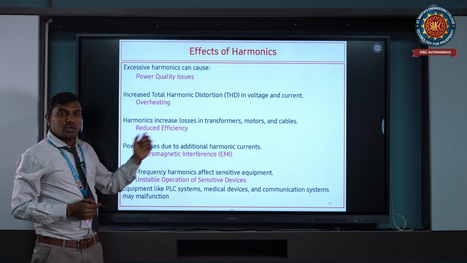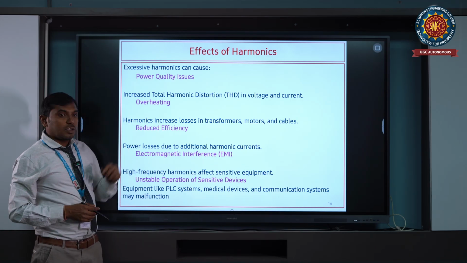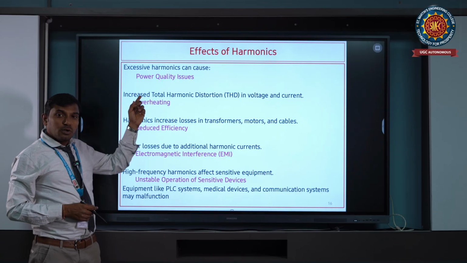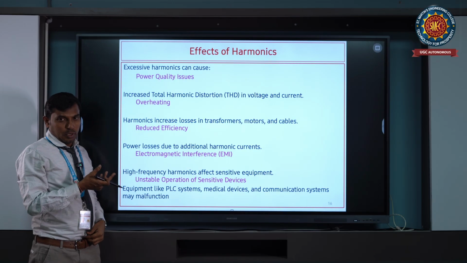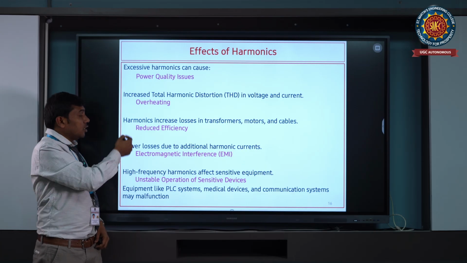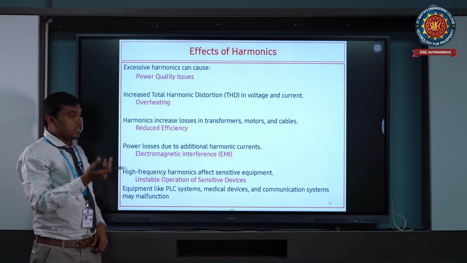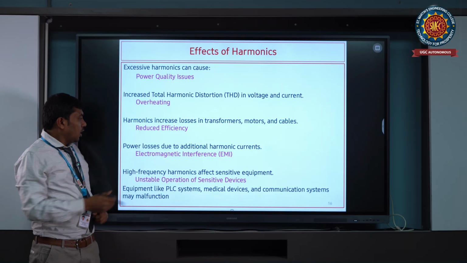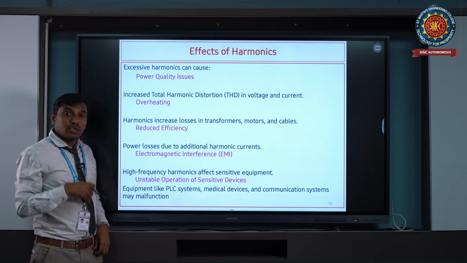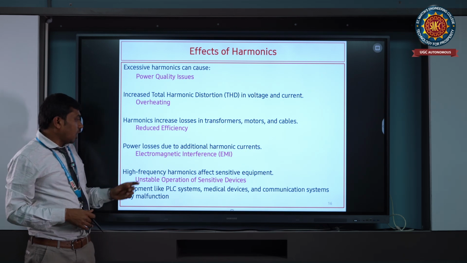What are the effects of harmonics? They introduce power quality issues. If you use this inverter with an induction motor or other machines, it can increase overheating of the machine, and the efficiency of the inverter will be reduced. Additional power losses are introduced because of these harmonics and high frequency.